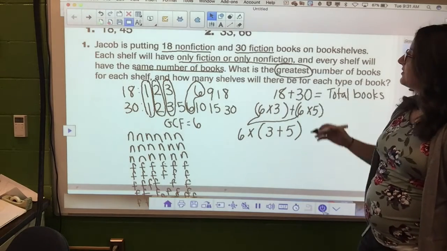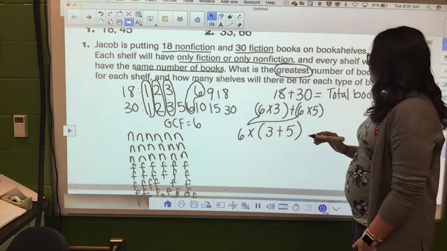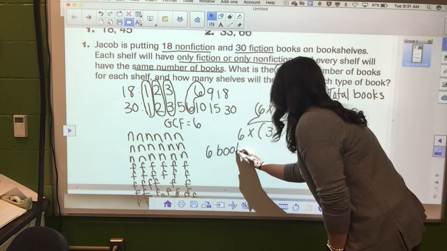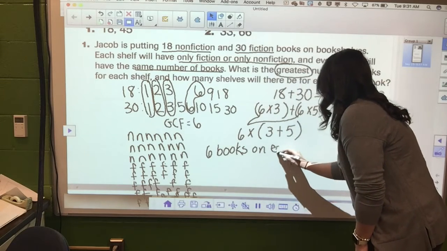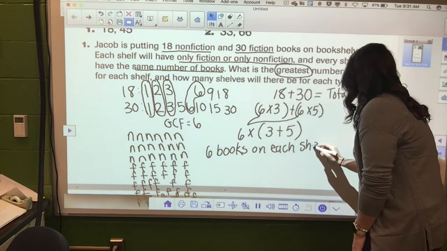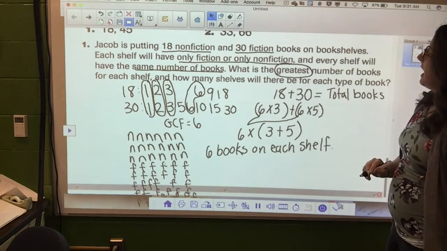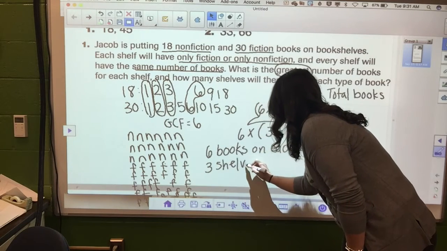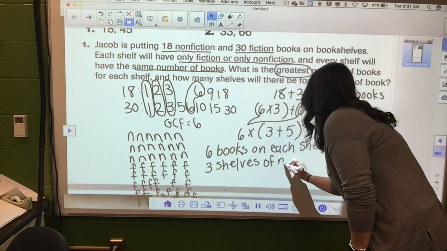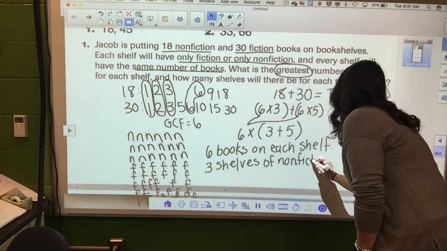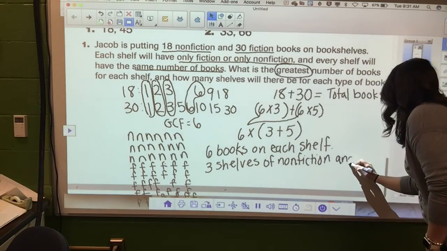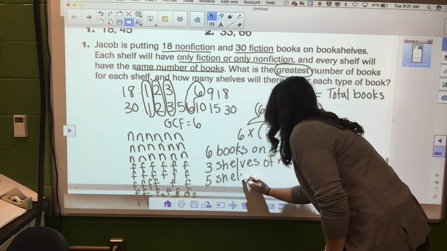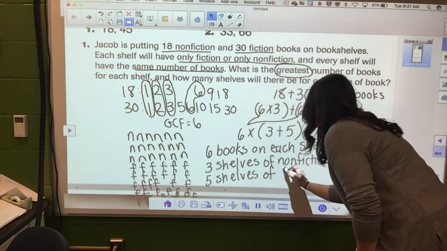But to answer the question, there will be 6 books on each shelf, and we would have 3 shelves of nonfiction and 5 shelves of fiction.